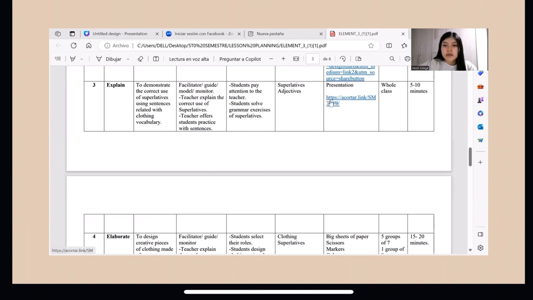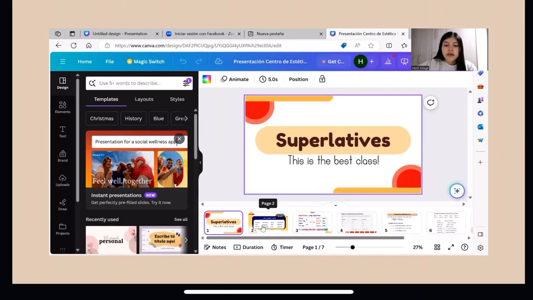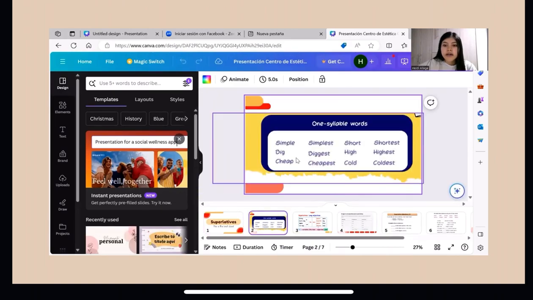So for example, here we have the presentation, which is a Canva presentation, and we start with these words, because we want to teach inductively, so students have to notice the grammar rule, which is to add est at the end of the adjective.